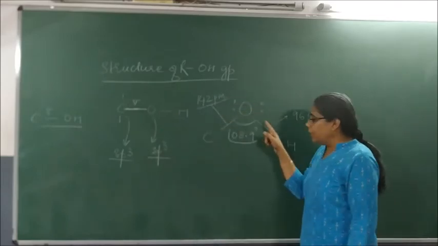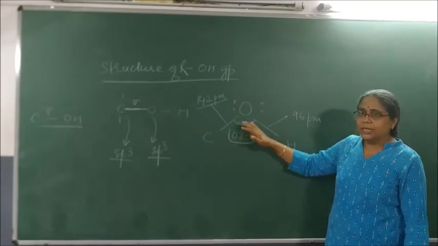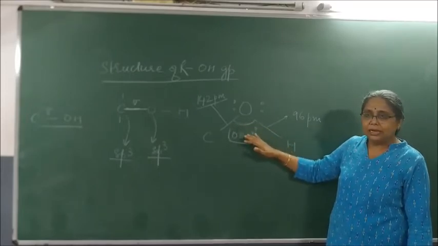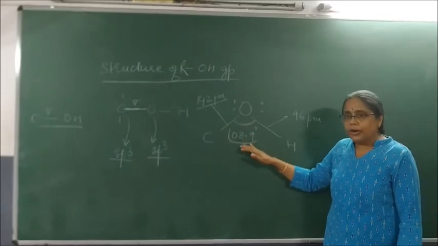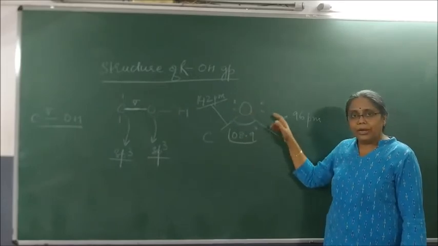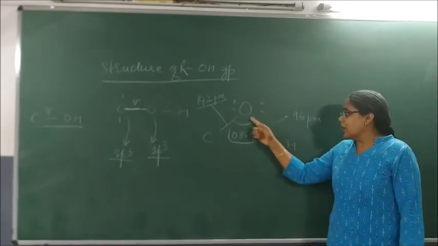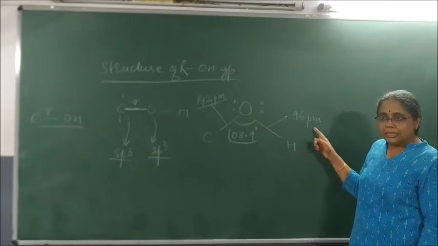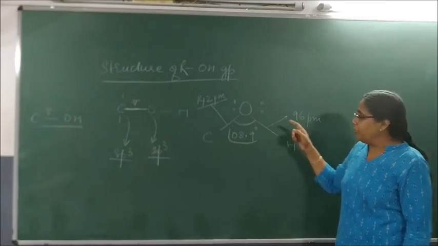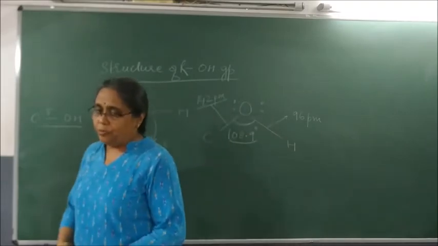The C-O-H bond angle is slightly lesser than the tetrahedral bond angle of 109 degrees 28 minutes. This is due to lone pair repulsion on the oxygen atom. The O-H bond length is 96 picometers and the C-O bond length is 142 picometers.